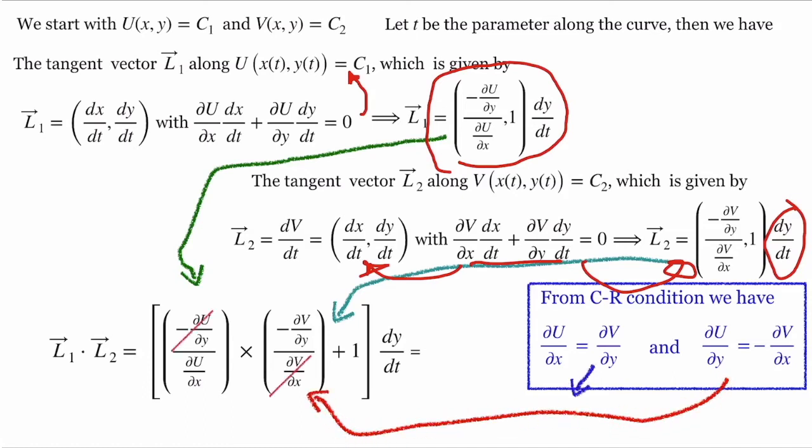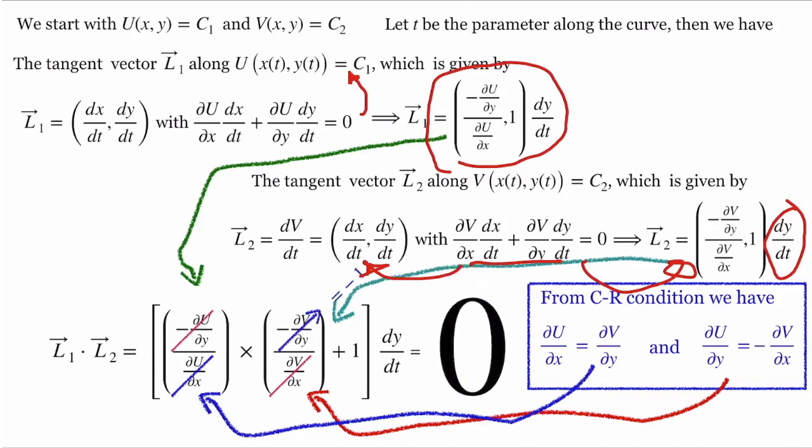We have du/dy cancelling out with dv/dx, and du/dx cancelling out with dv/dy from the Cauchy-Riemann condition. This becomes a minus 1, and together we get the expression 0, which tells us that the vectors L1 and L2 are orthogonal to each other.